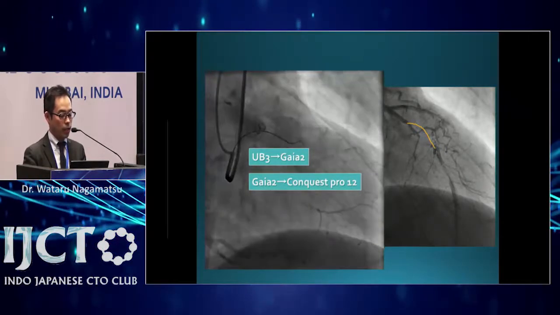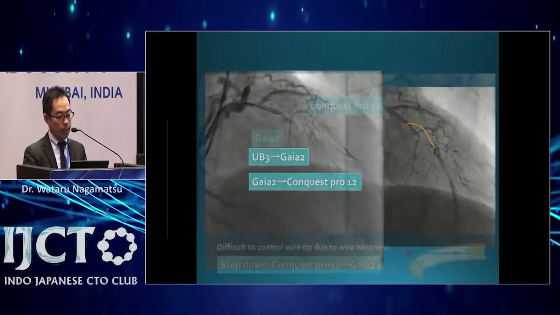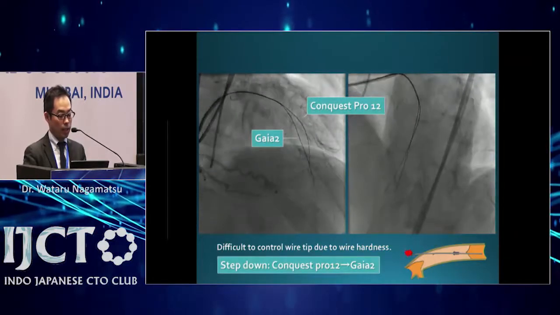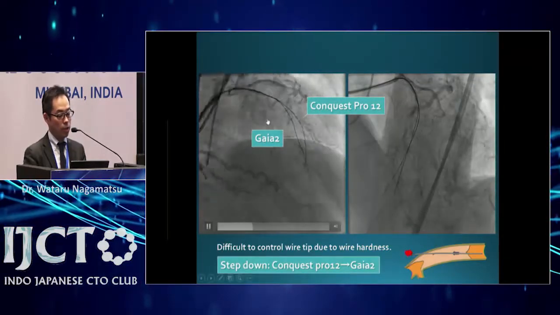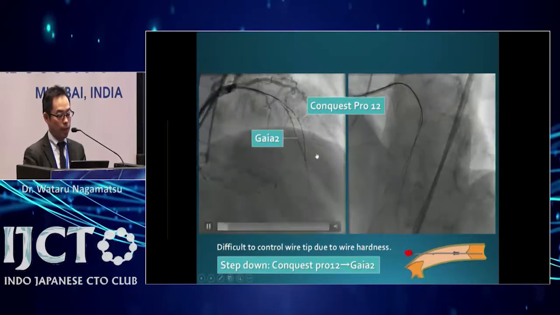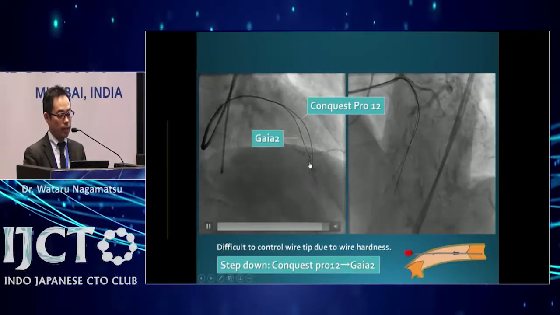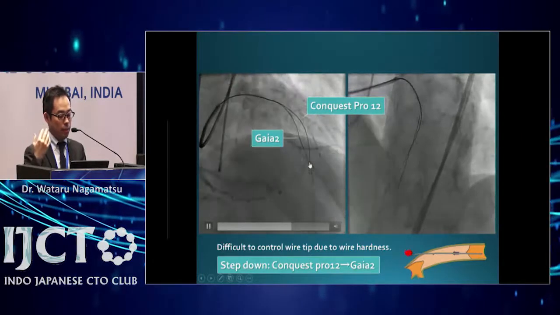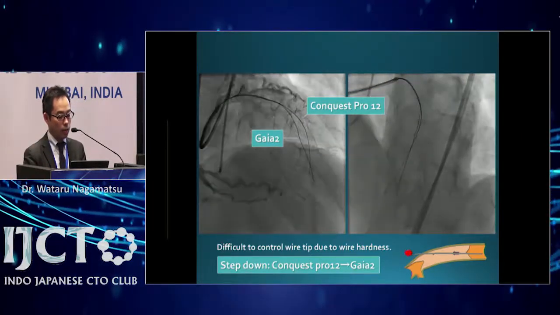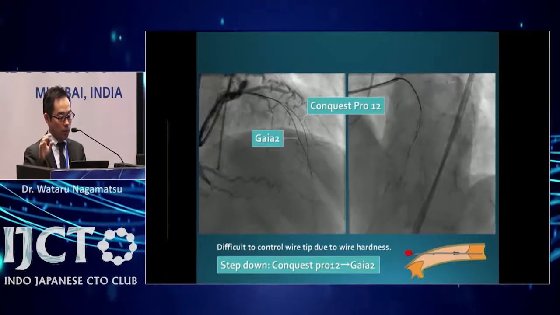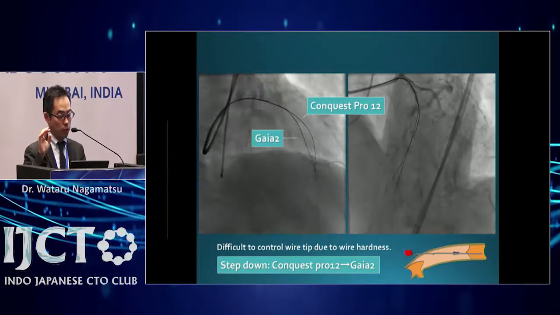So I escalated to the Conquest Pro 12, but the Conquest Pro 12 advanced like a perforation like this. Please remember that this is a very hard wire and advances automatically in the straight direction.